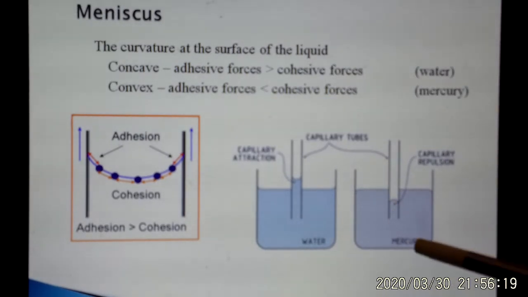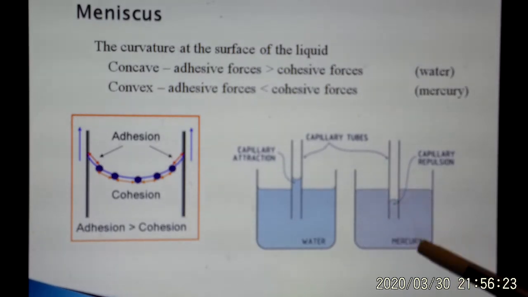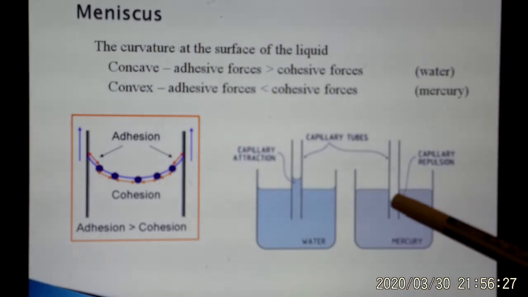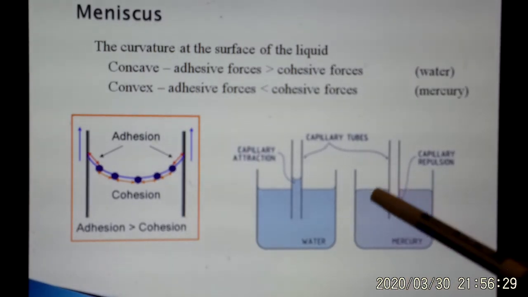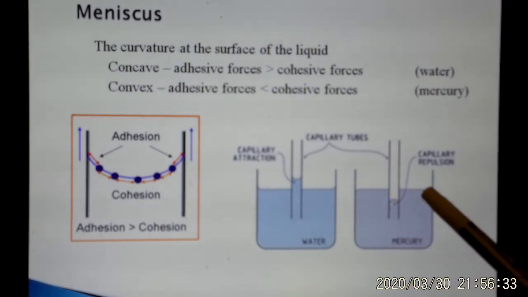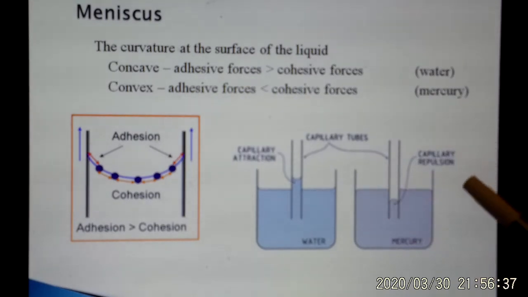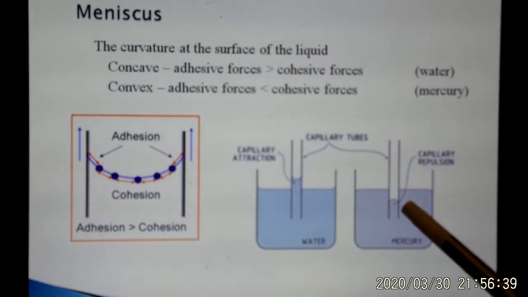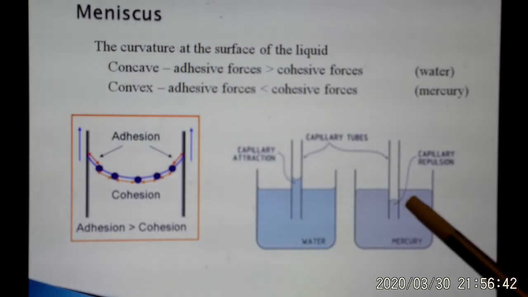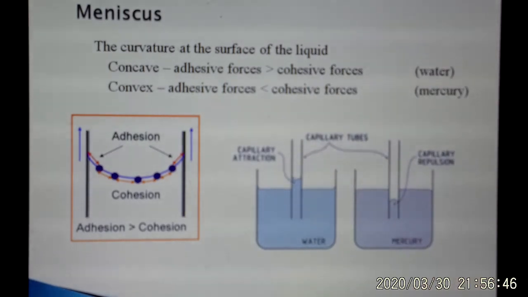On the other hand, mercury has a sad, convex type of meniscus. When it's that type of convex meniscus, it's got capillary repulsion. It wants to minimize contact with the glass surface. We know that the adhesive forces are less than the cohesive forces.